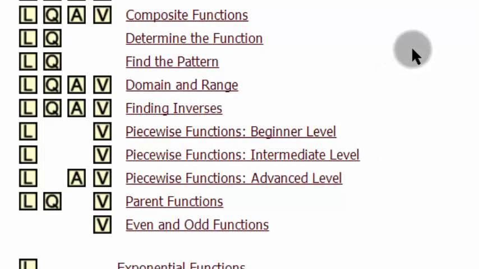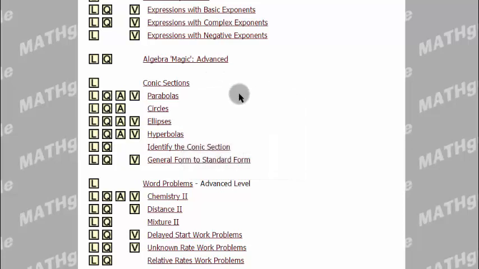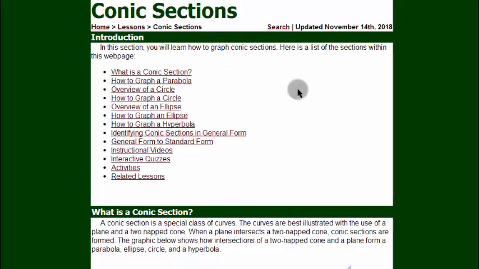So let's actually start talking about lessons. MATHguide literally has hundreds of different lessons that it offers, and of course they're free. If you were to take a look within the college algebra section, you'll find conic sections. By clicking on the conic sections text, you'll see that you're taken to this lesson page. On this lesson page, there's a variety of different subtopics.